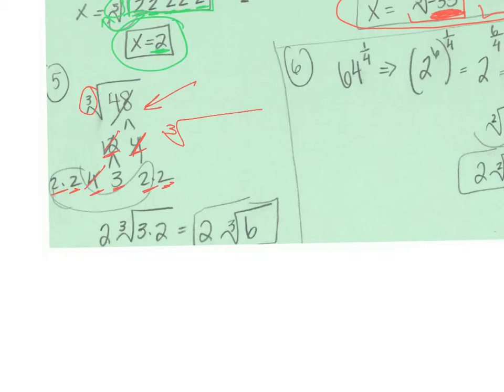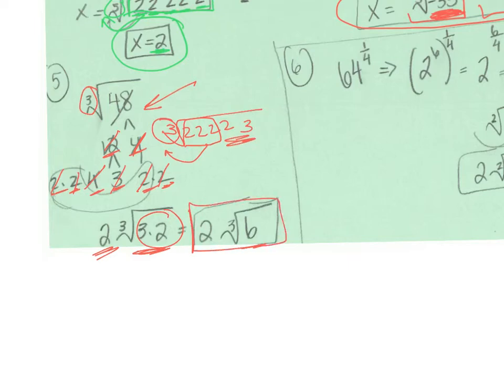So under the radical, we have 4 2's and a 3. I need a set of 3 to take out, so I can take out a 2. I have a 2 and 3 left underneath. Whatever is left underneath, you multiply. So 3 times 2 is 6. So 2 cube root of 6, final simplified answer.